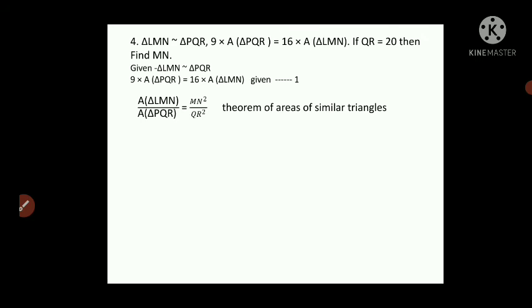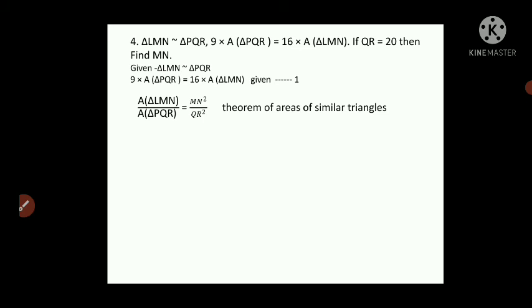So I am taking the right hand side triangle LMN in the numerator, and left hand side triangle PQR in the denominator. So now what I have done, see, area of triangle LMN upon area of triangle PQR. So now see, values are given.